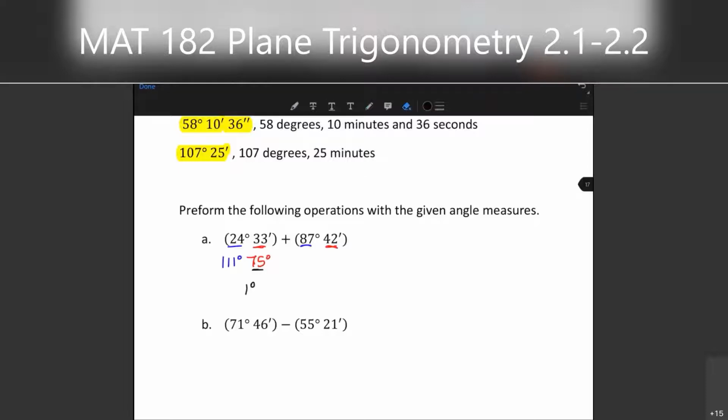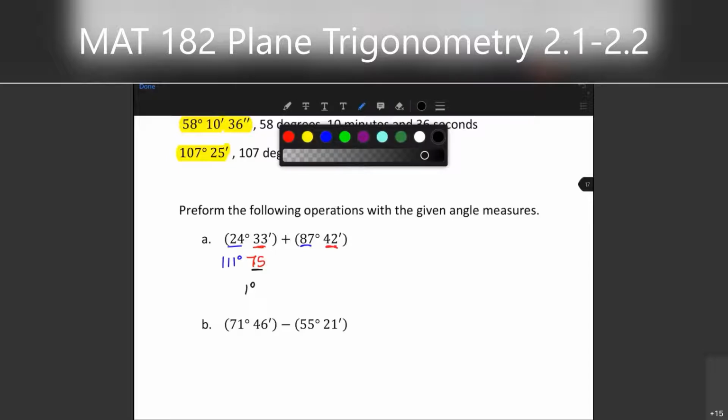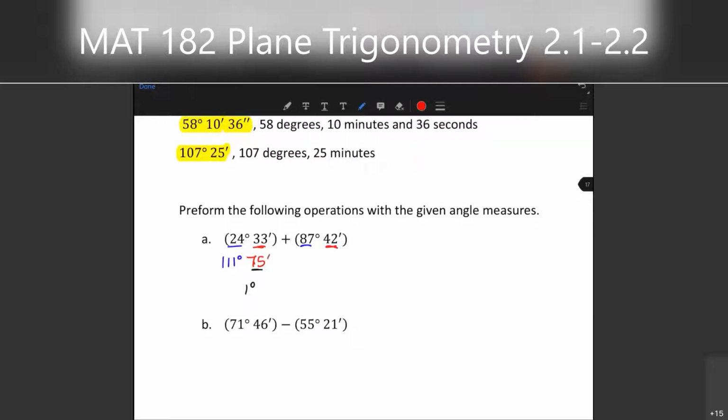So 75 minutes we could say is 1 degree plus an extra 15 minutes, because again, each degree is 60 minutes.